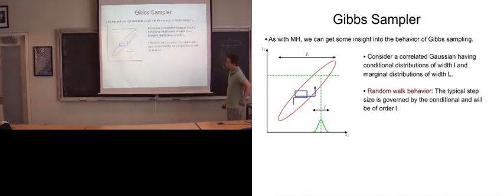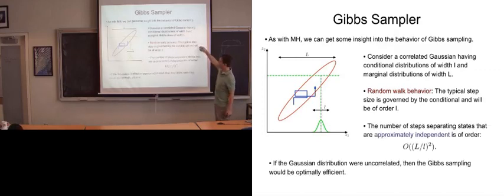And again, we have a random walk behavior. The typical step size governed by the conditional distribution is going to be of order small l. Effectively, just as in Metropolis-Hastings operators, the number of steps separating two approximately independent samples is going to be of order big L over small l, squared.